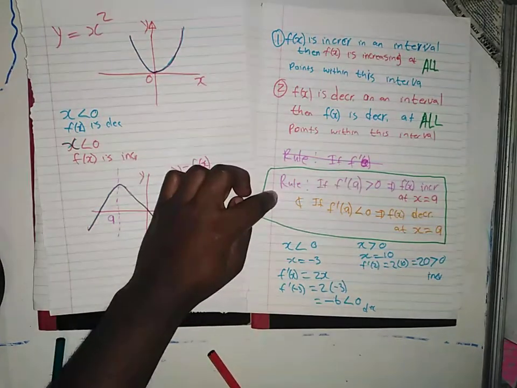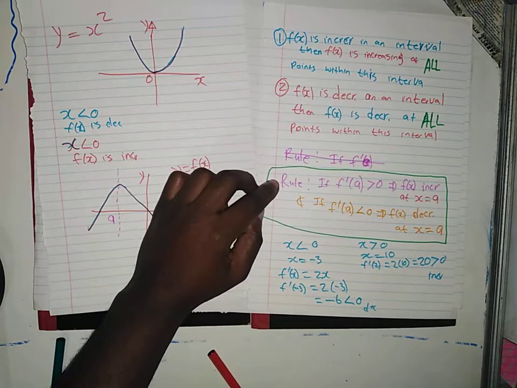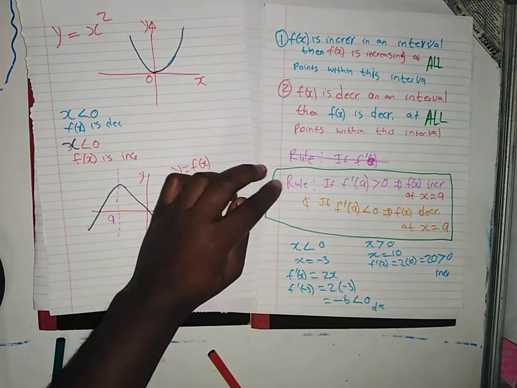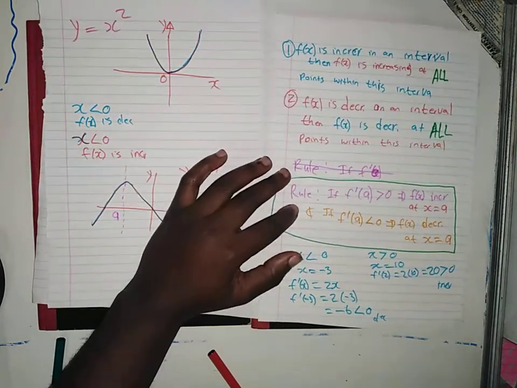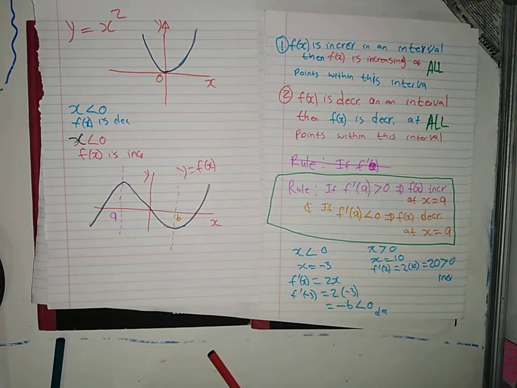So this rule helps us a lot when it comes to checking whether a function increases or decreases at a certain point. This rule is the way to go. So you must write this rule down somewhere you can see it and start practicing so that you can evaluate it.